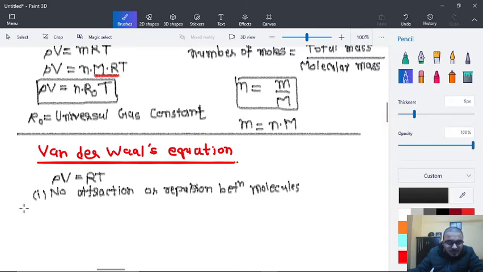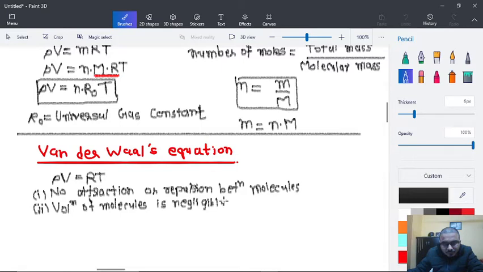This is the first assumption, and second is volume of molecules is negligible in comparison of total volume.